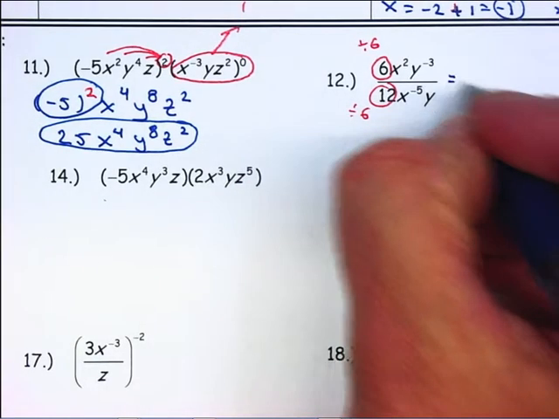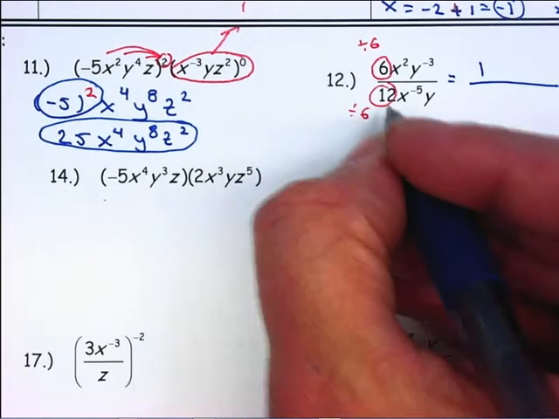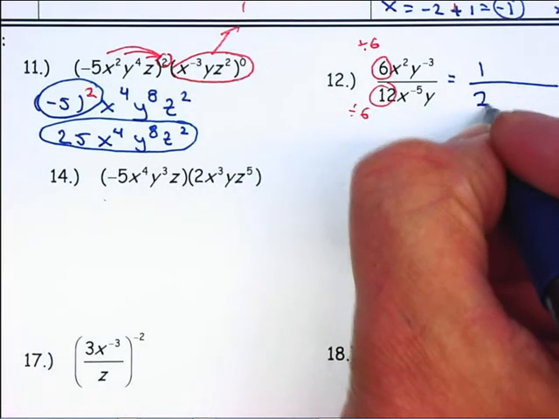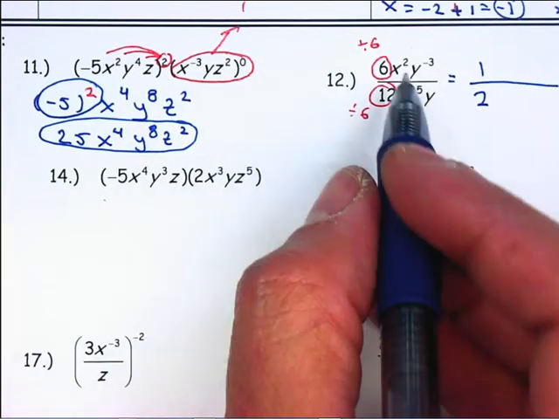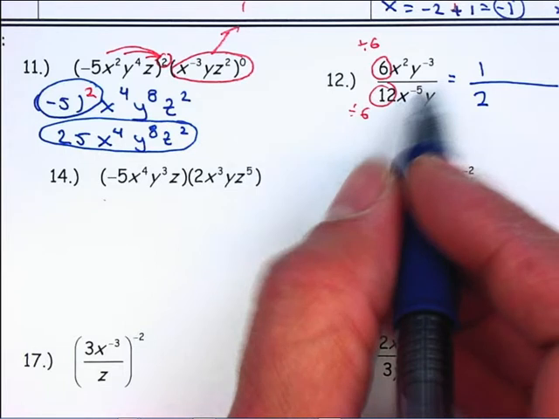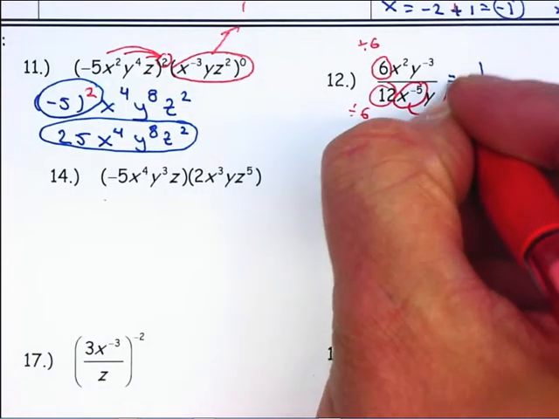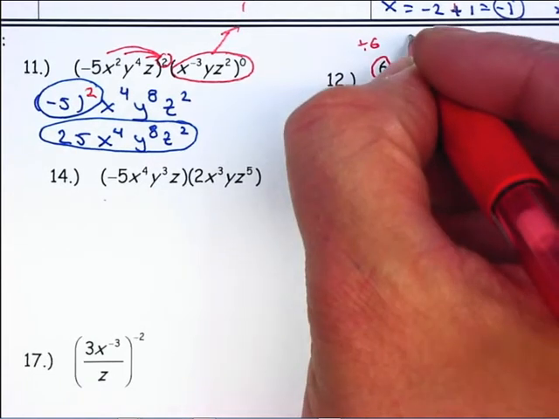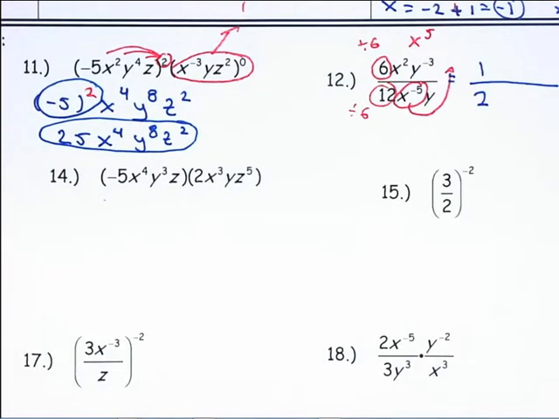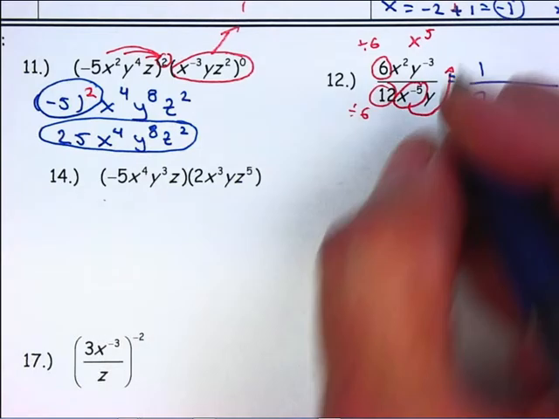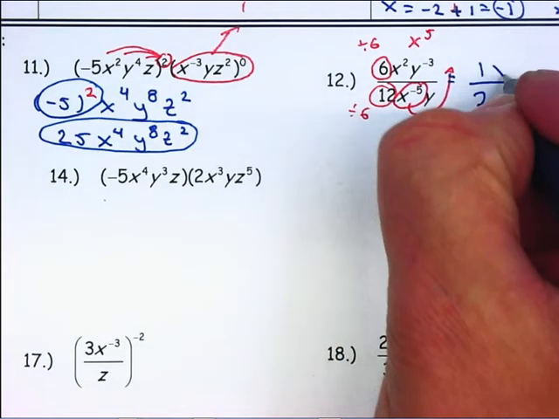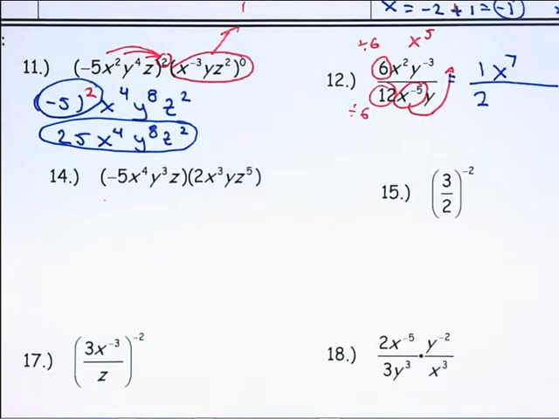That will give me 1, and 12 divided by 6 will give me 2. Now, for my x's, I notice that I have a negative exponent here. So I'm going to take my negative exponent and move it up, so it'll become x to the 5th. How many x's do I have on the numerator? There'll be x to the 7th.